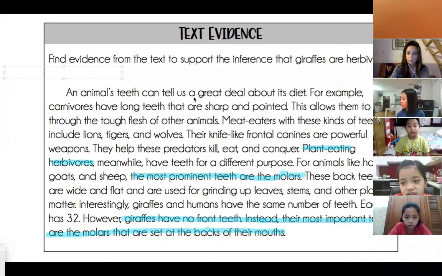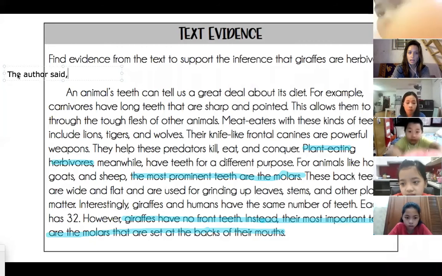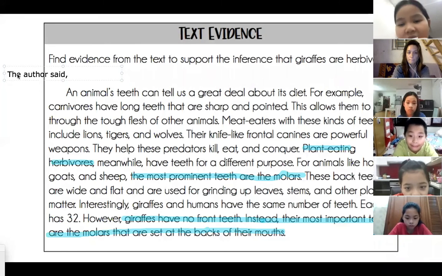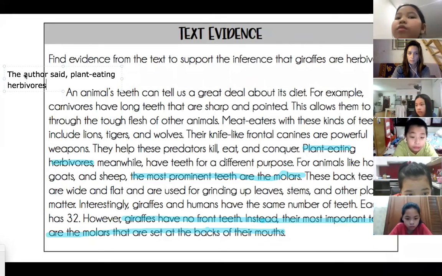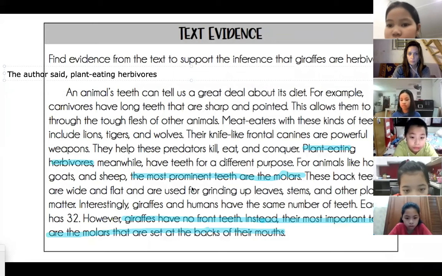The author said what? Plant-eating herbivores, meanwhile, have teeth for different purposes.